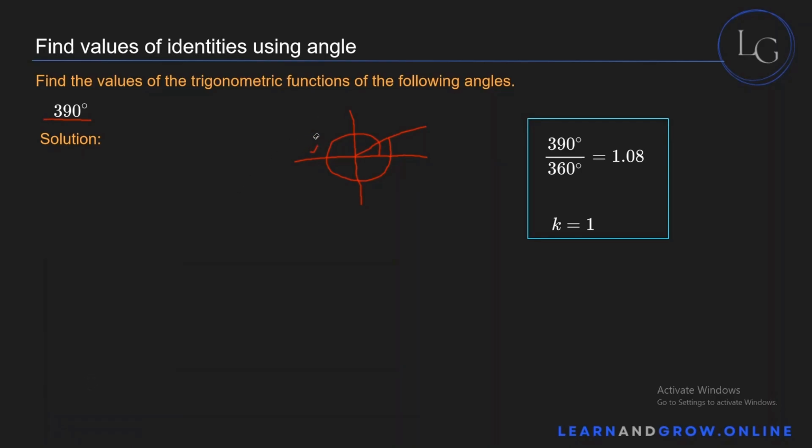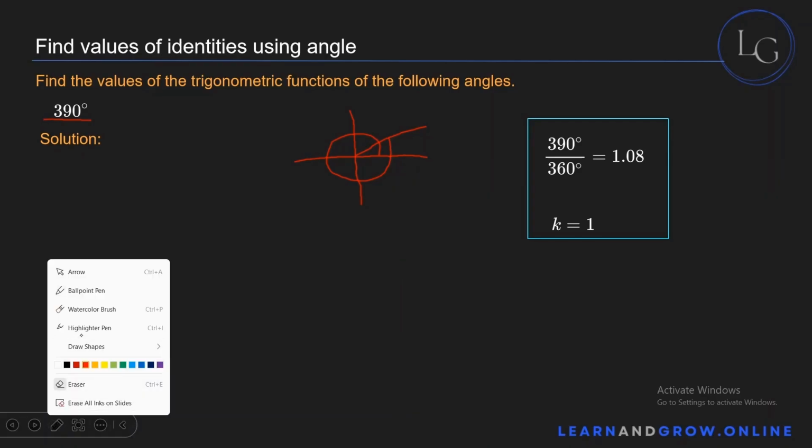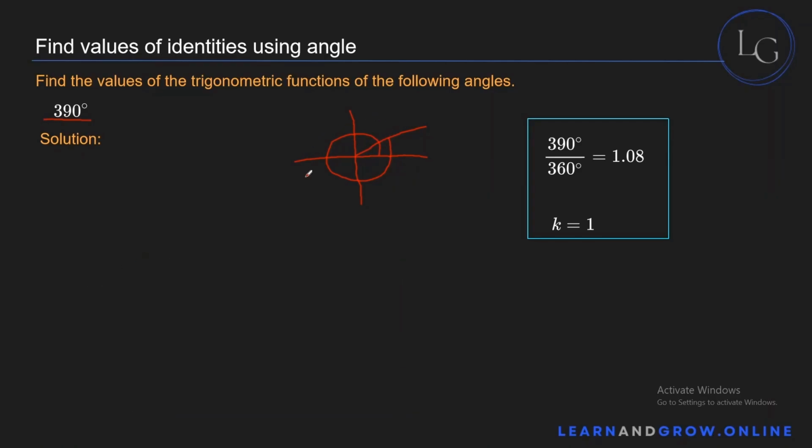The software is a little bit buggy, but just bear with me. So this here angle is 390 degrees. And obviously it goes beyond 360, the complete revolution. So what we need to find is this angle only. That is equivalent to 390 degrees.